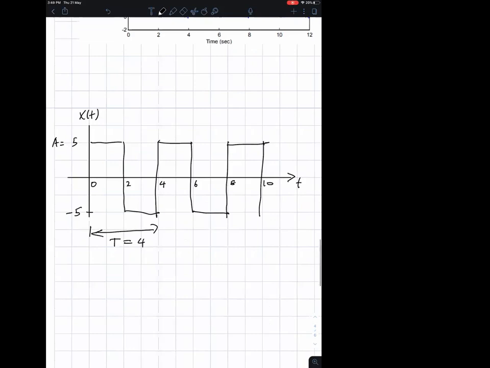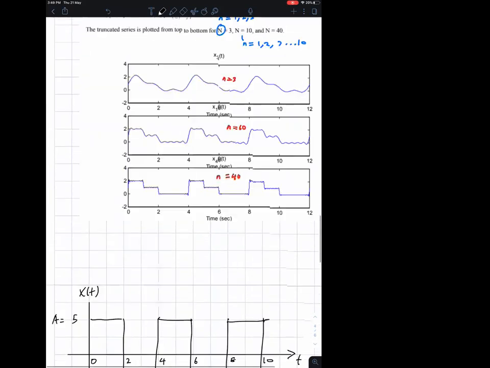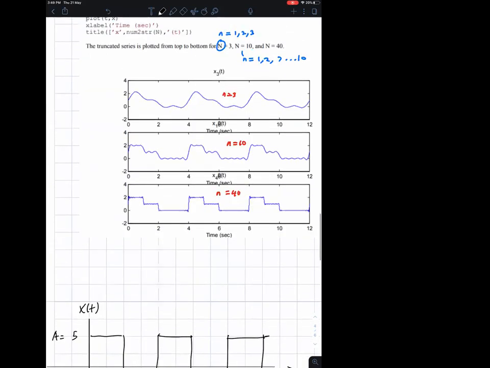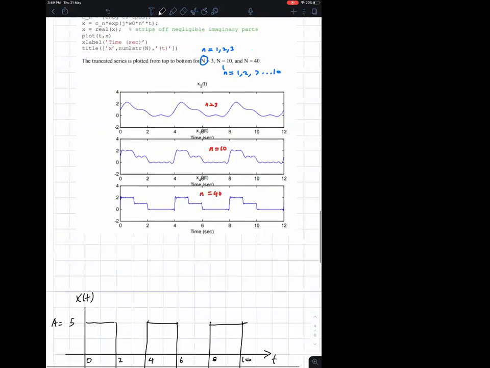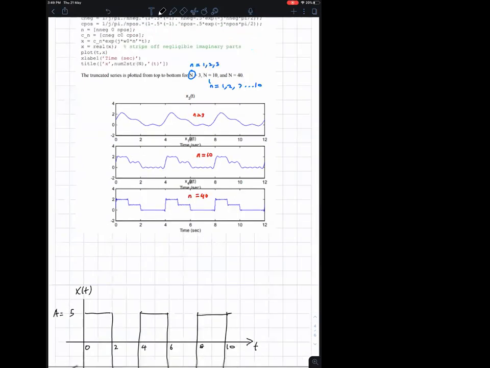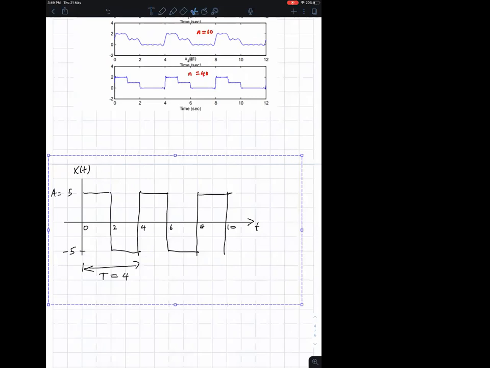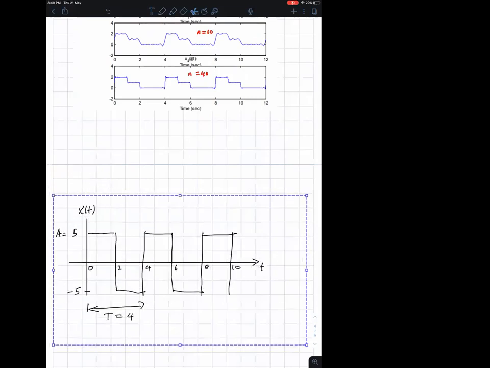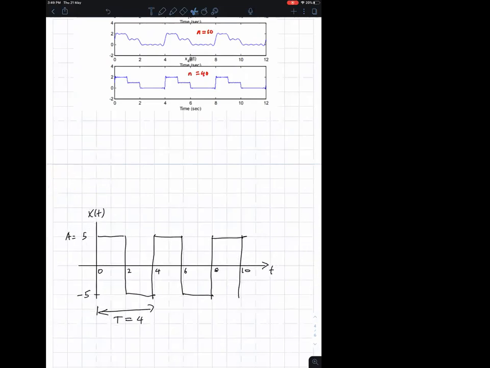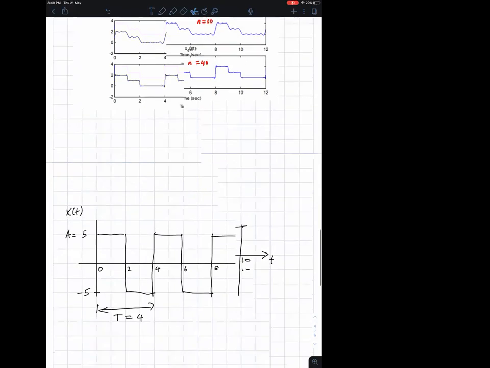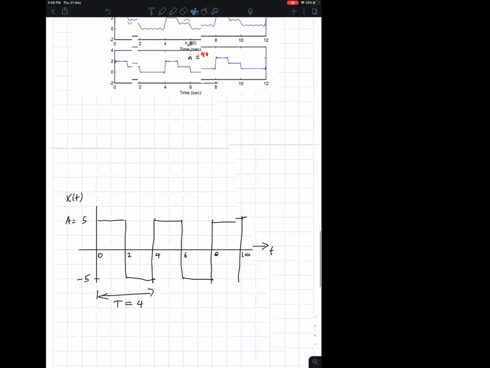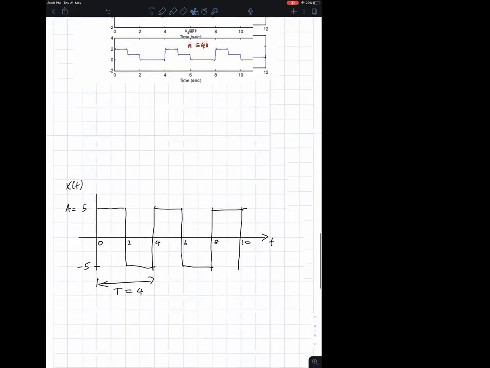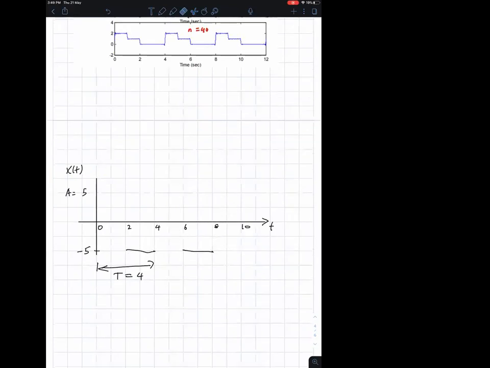Now if I'm doing a small offset, a DC offset, let me do this continuously so that I can show it.